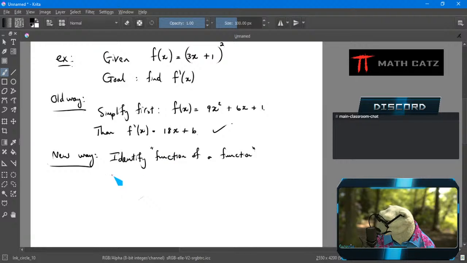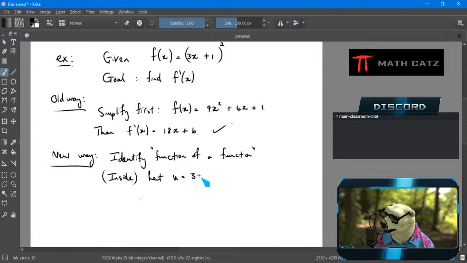And that means I want to know what is my inside function. We started with the inside function, which we'll call u, for no reason whatsoever. I could have chosen any symbol.